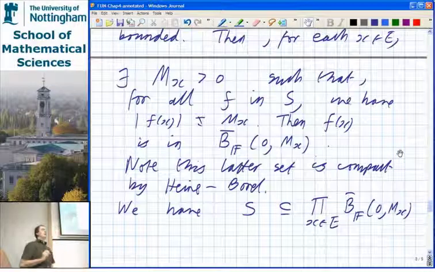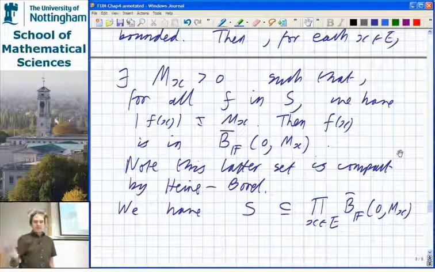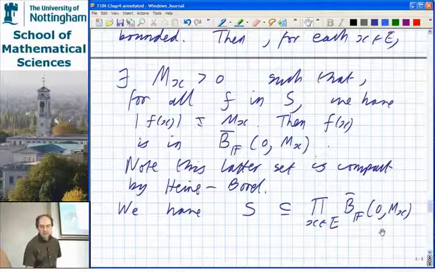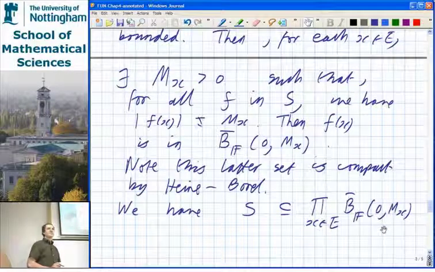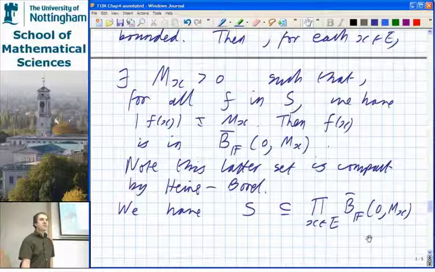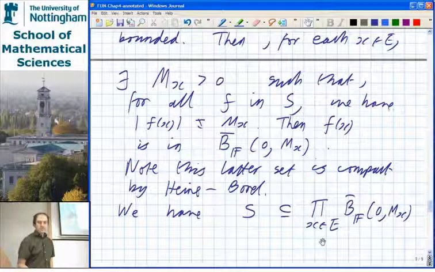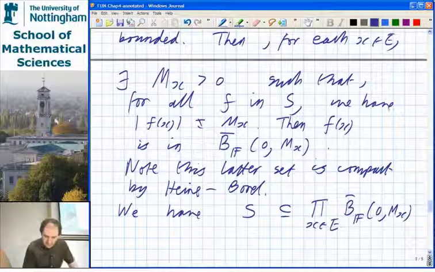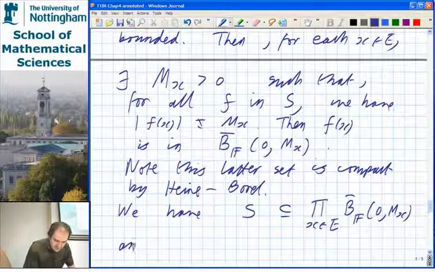Well, let's think about what that means. We know that S is a set of functions taking values in F. But we also know that in each coordinate, the values taken are in this relevant space. So in fact, the elements of S are in here, regarding this again as a set of functions defined on E, where each coordinate takes values in the right place. So actually, S lives in here. And this is compact by Tikhonov's theorem.